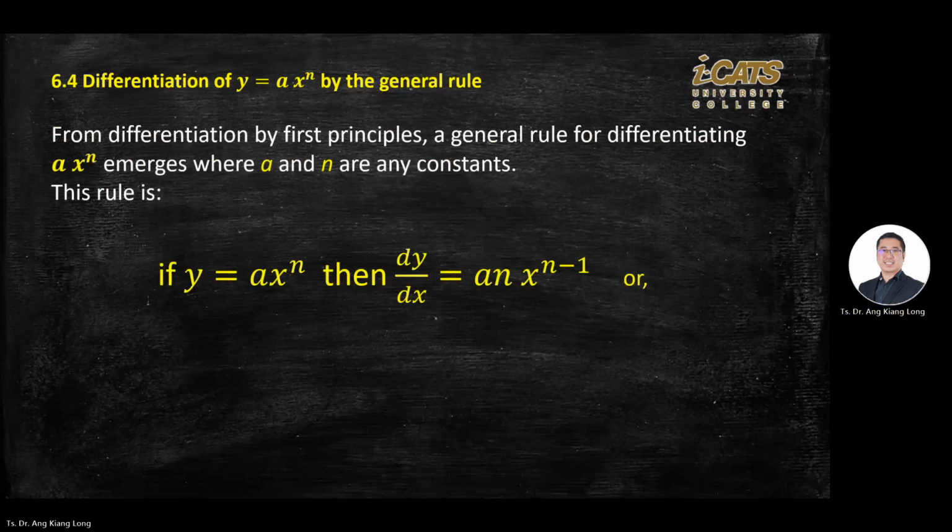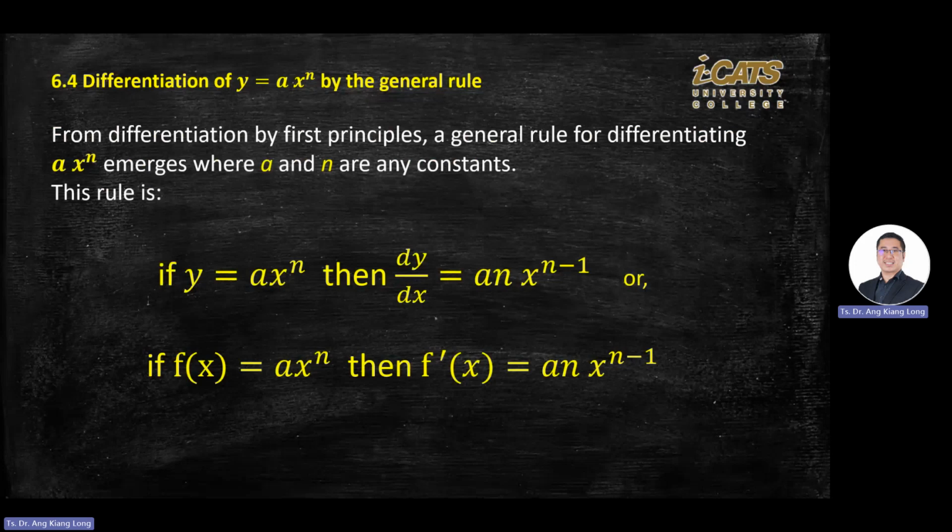You need to take away 1 from the n. If you do integration, it is plus 1. But for differentiation, dy dx equals a n x power n minus 1. This one should be easier.